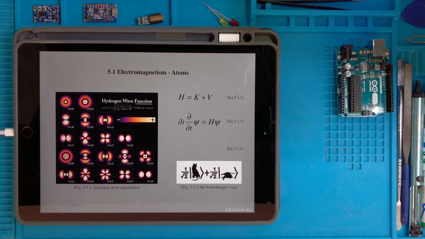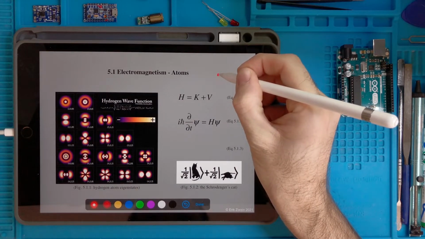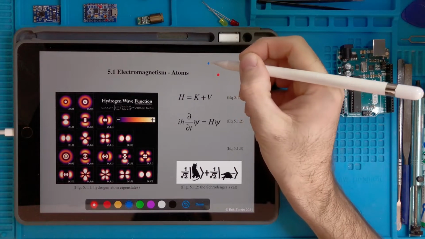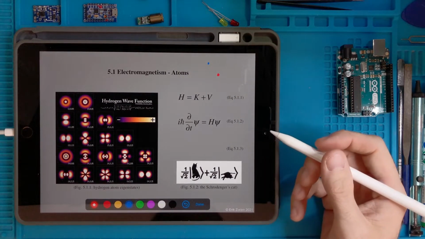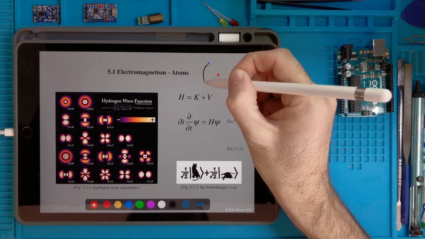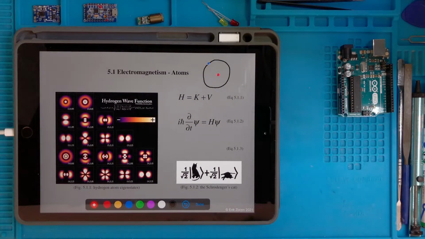To make a long story short, people in the past had an idea of what an atom could be. They thought it was something like this: a nucleus and some electrons. In the case of hydrogen, it's simple because it's only one electron. In the very beginning they thought this electron could rotate around the nucleus in circular orbits, a sort of planetary model. This had a number of problems.